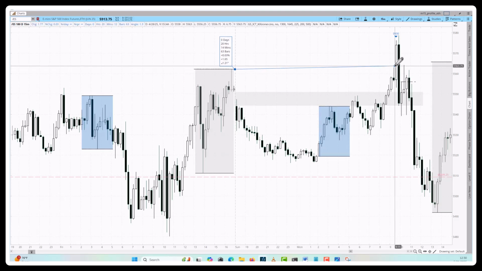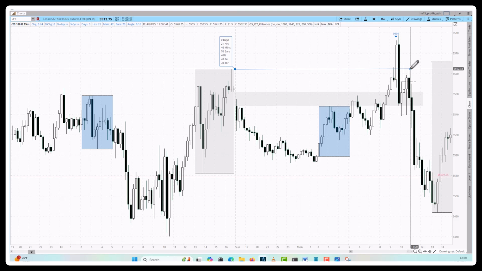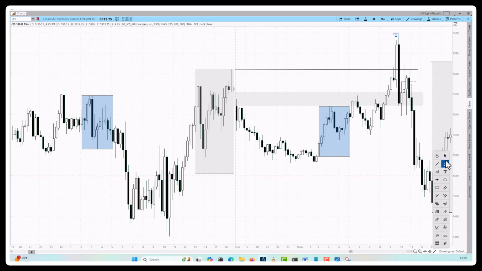If we look at daily, we can see that it's the Judas swing at 9:30. You have the Judas swing at 9:30, and then you have a setup right here. This is a type 2.